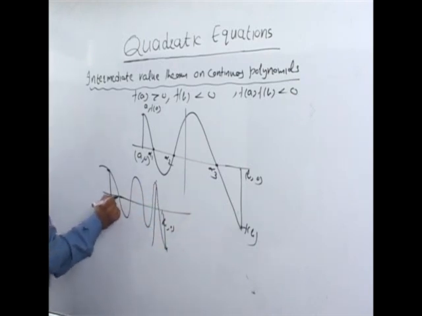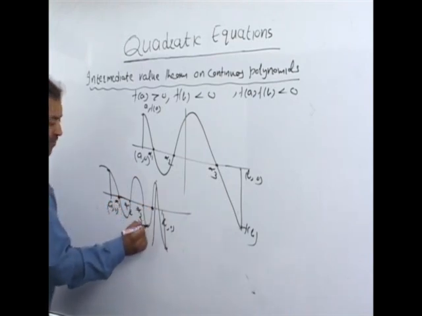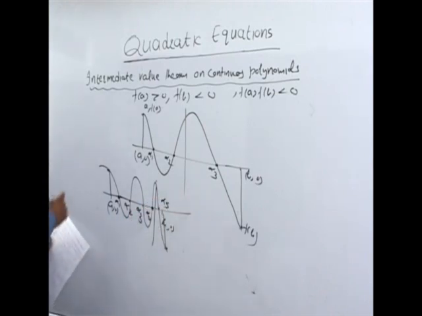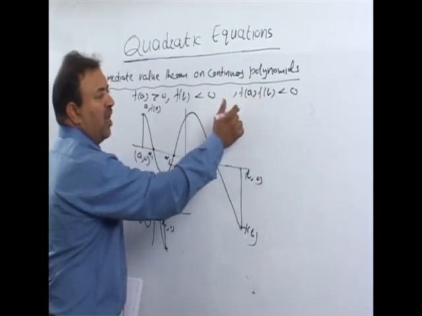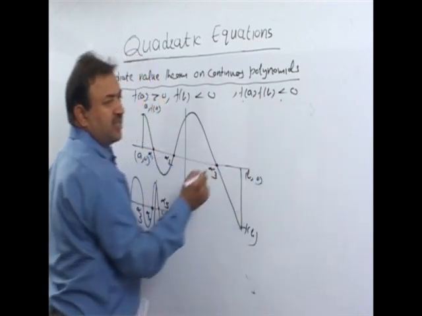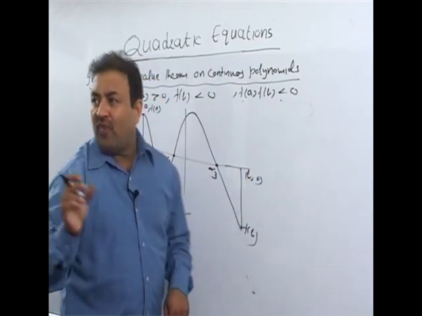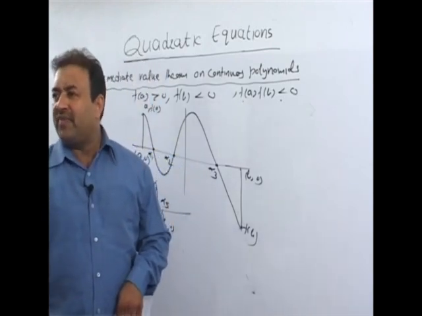So we find alpha 1, alpha 2, alpha 3, alpha 4, and this point is alpha 5. So what I have written over here is that if we are given f(a)f(b) less than 0, it means we have either one root, or 3 roots, or 5 roots.